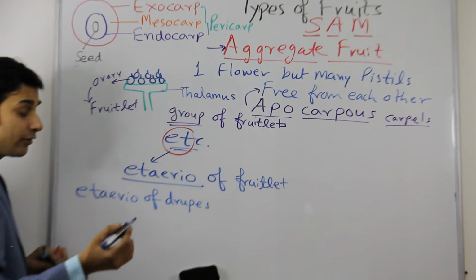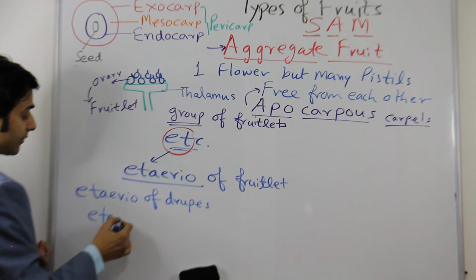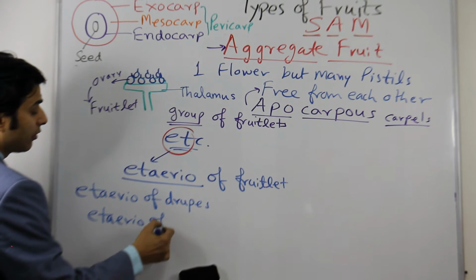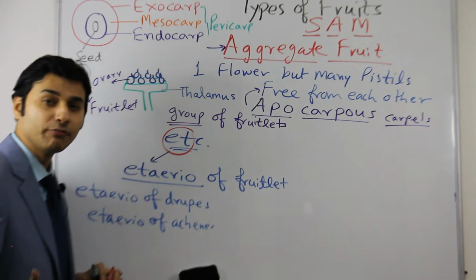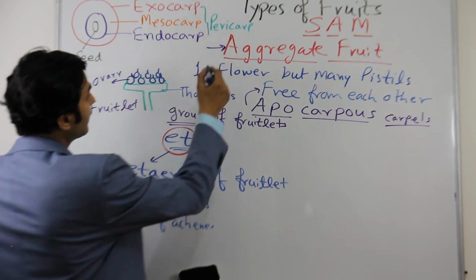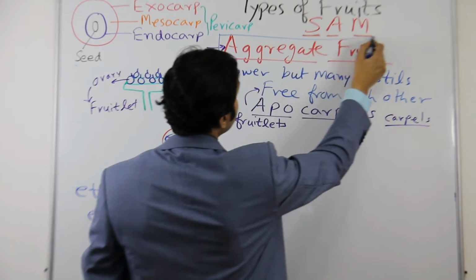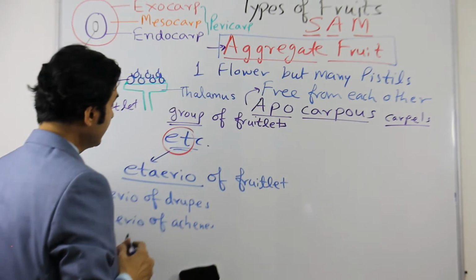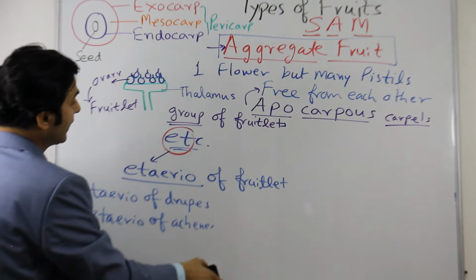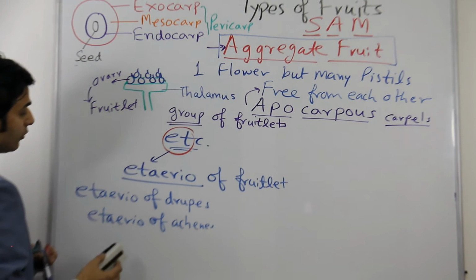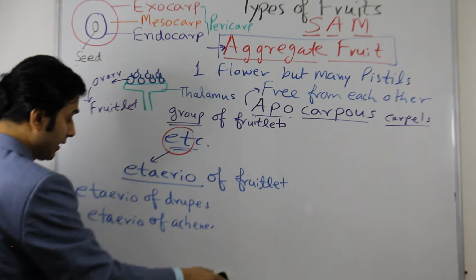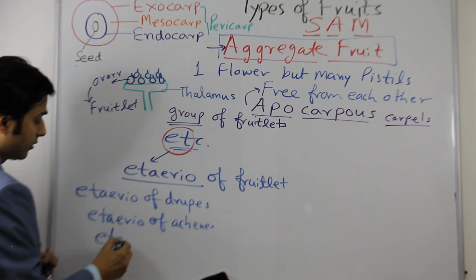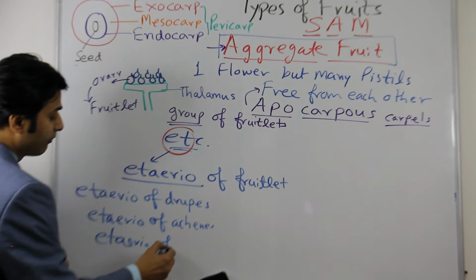If it is achenes, it will be called Etaerio of achenes, or Etaerio of berries. So this is basically found in aggregate fruit. Let us see the examples of these aggregate fruit. I will make here three: Etaerio of drupes, Etaerio of achenes, and also Etaerio of berries.